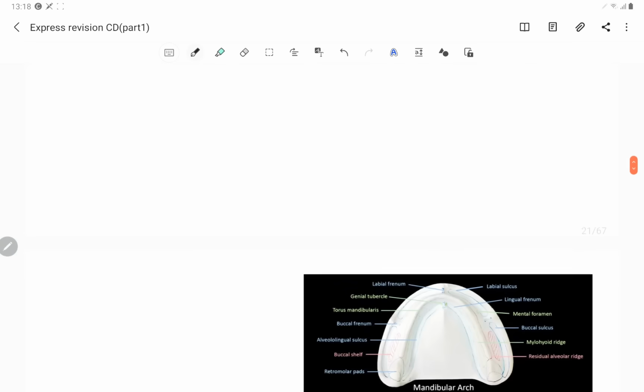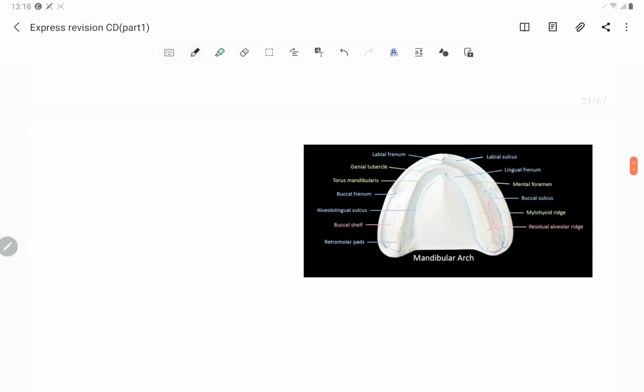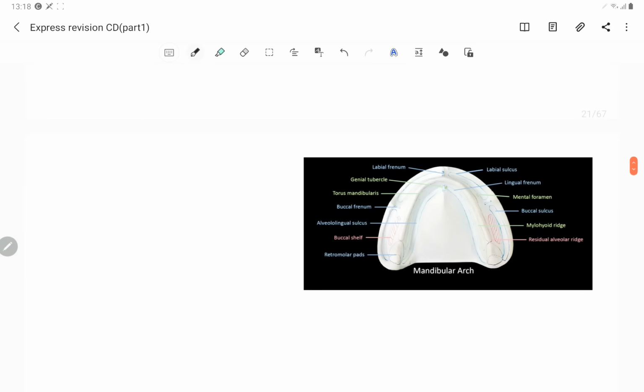Now talking about the retromylohyoid fossa.